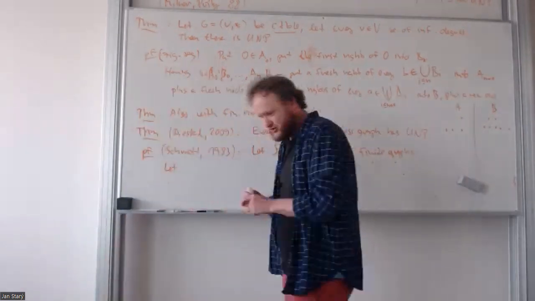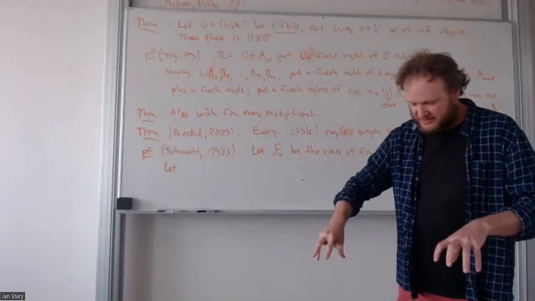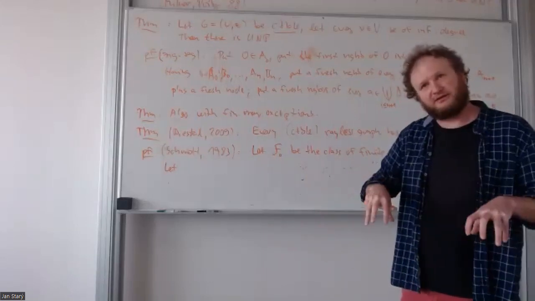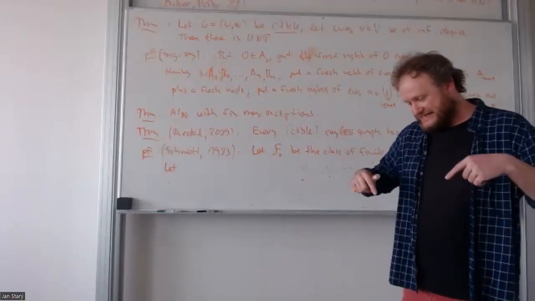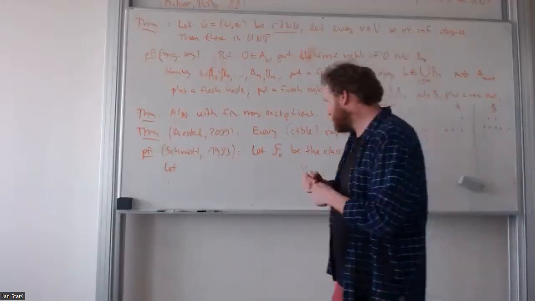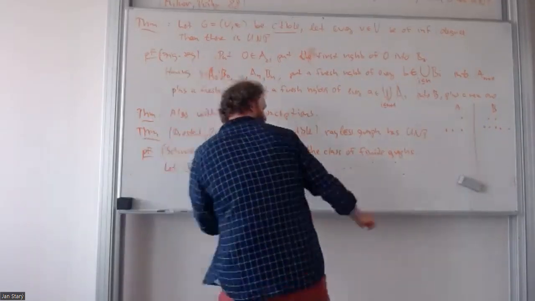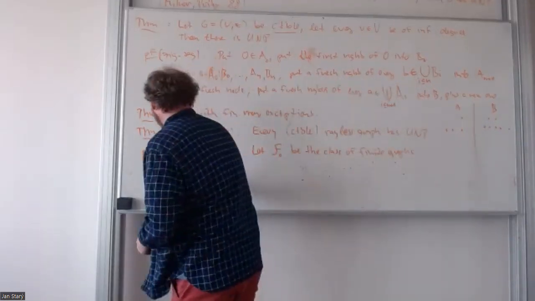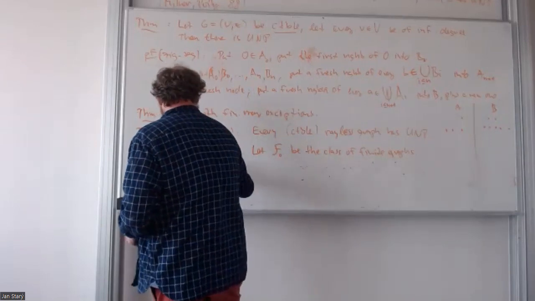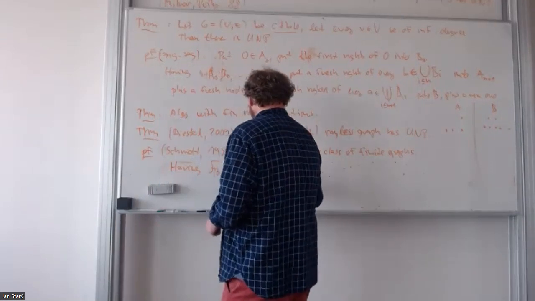You can compose these simpler graphs, take them as components of a more complicated graph in whichever way, and add an extra finite set of nodes. So let's say we have F beta for all beta below alpha.